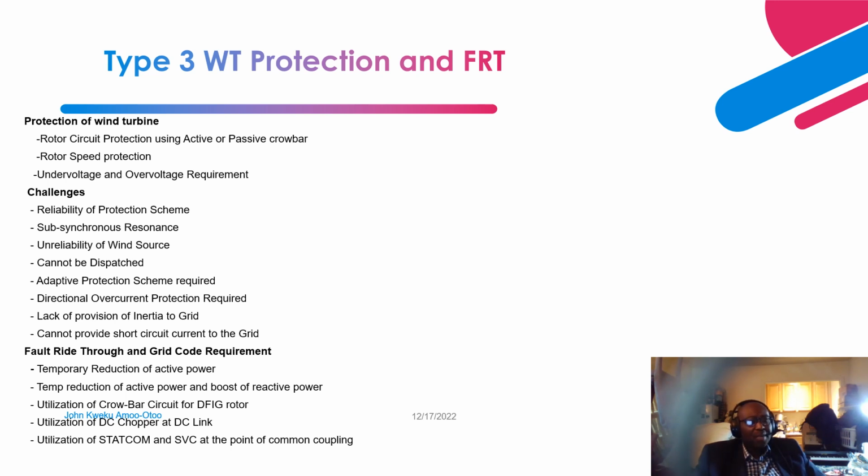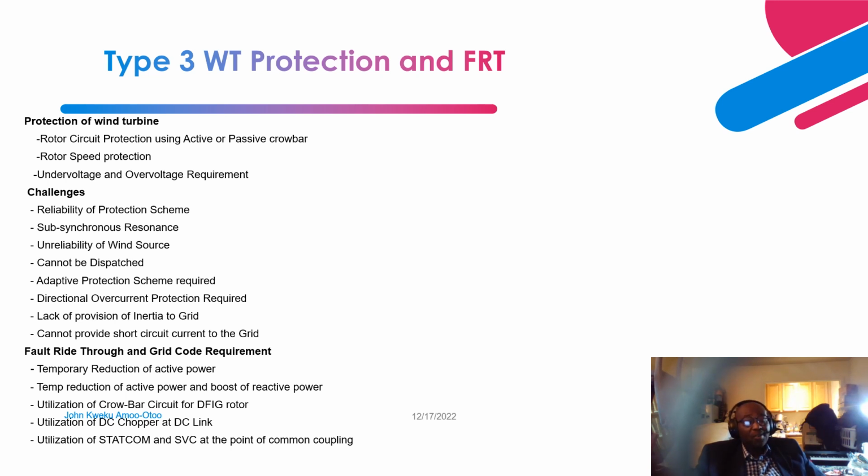So this can cause malfunction of an overcurrent relay. So directional overcurrent protection is required to be able to detect the direction the fault is coming from, and basically isolate the wind turbines that show vulnerability to the fault current.